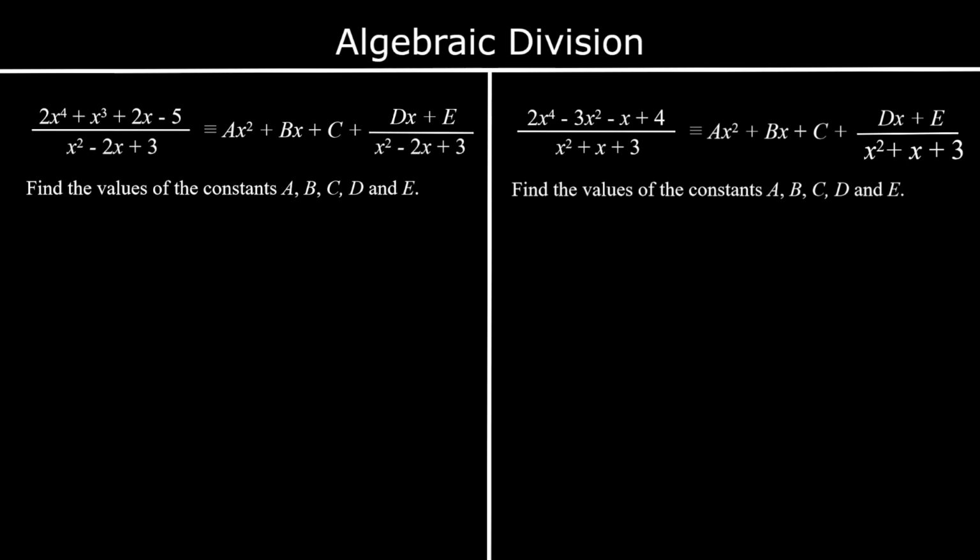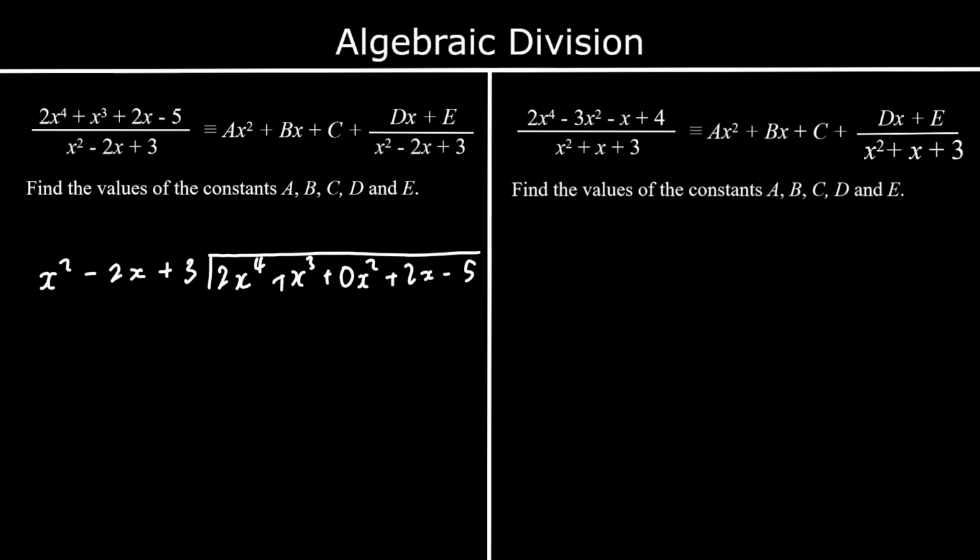If we're using division, we are just going to follow the steps. So we're dividing by x squared minus 2x plus 3. So we've got 2x to the power 4 plus x cubed plus no x squareds plus 2x minus 5. So we can't have a gap.